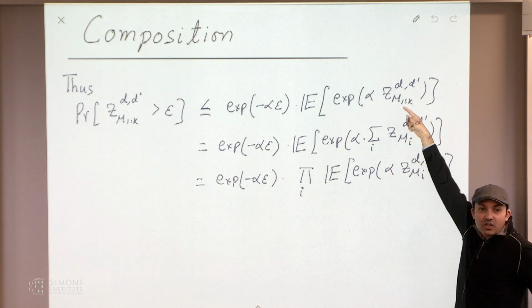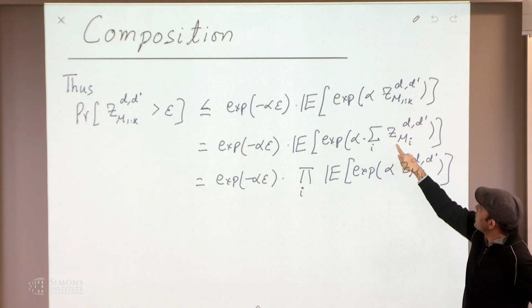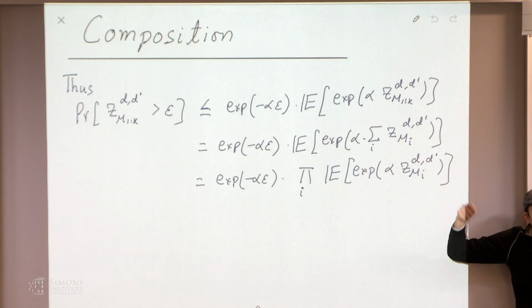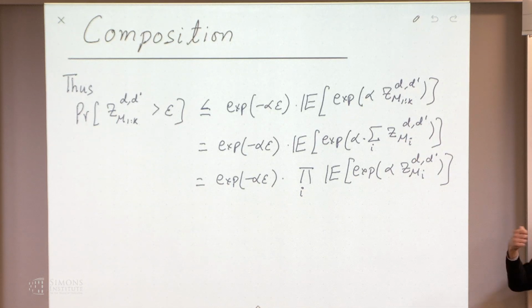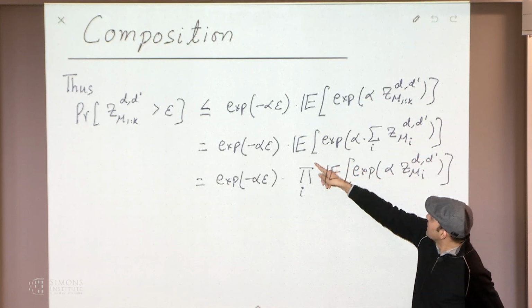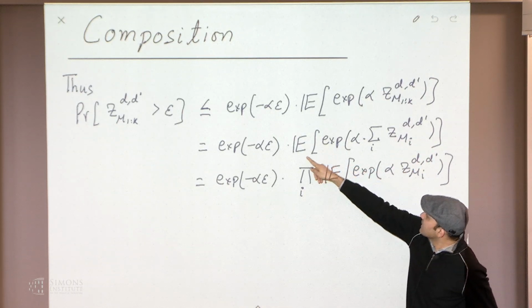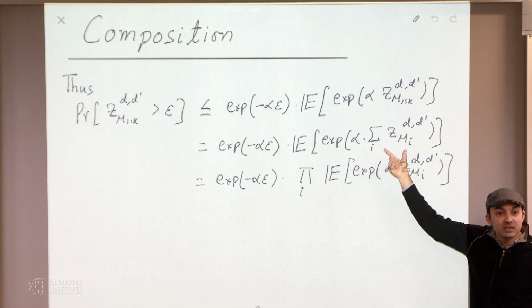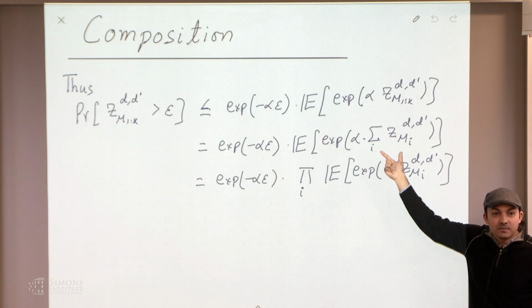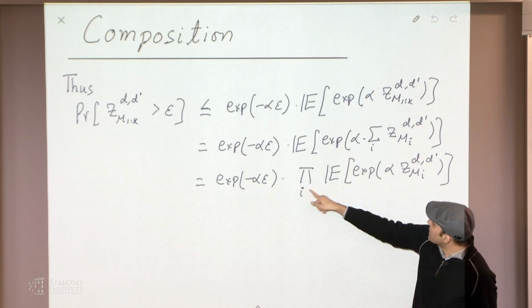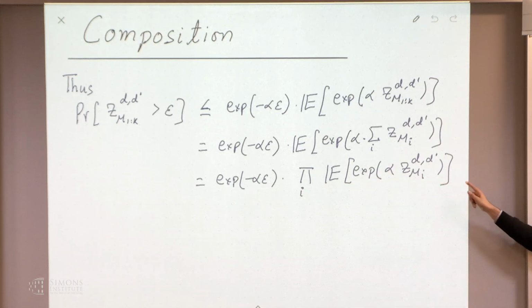But recall that Z(M_1 through k) is just the sum of the Z(M_i)'s, where again they are conditionally independent based on the past. And because they are independent, I am looking at the expectation of a product of independent random variables. In this case, expectations and products commute, and I get the product of the expectations of the individual e to the alpha times Z_i's.